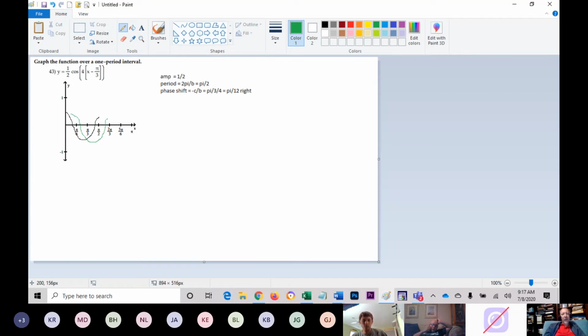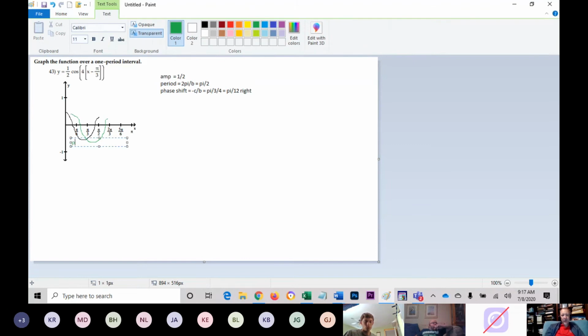Okay. Now, I guess maybe we should start labeling this better because we're starting here at pi twelfths, and we're going to pi halves. So essentially, if the period is pi halves, we're going to need pi halves plus pi twelfths.